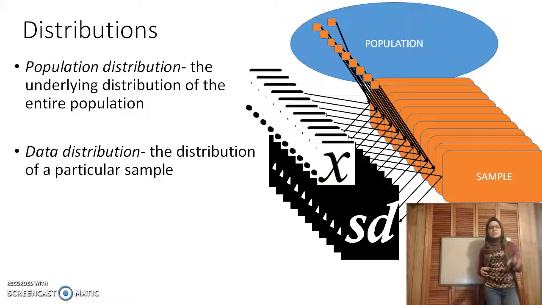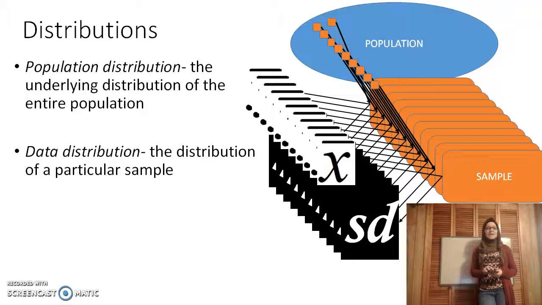Each researcher that goes out and talks to a group of 50 will come back with their own mean and their own standard deviation, unless we are talking to the same people over and over again, in which case we still only have one sample. But if everybody goes out and talks to a different group of 50 people, they'll all have different means and different standard deviations.